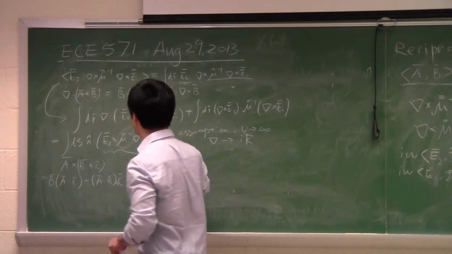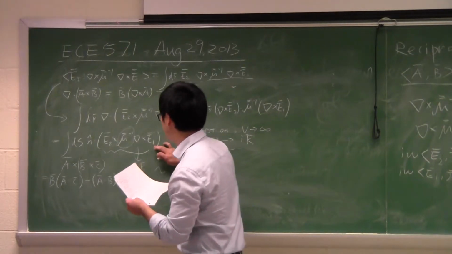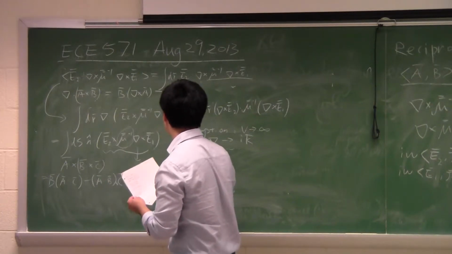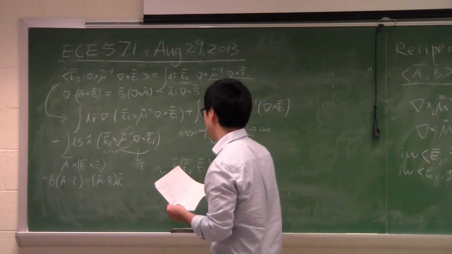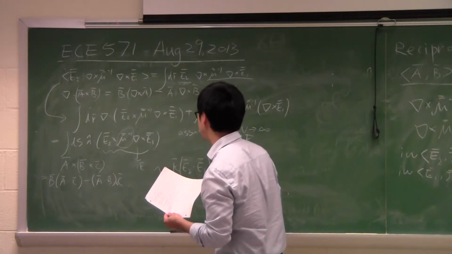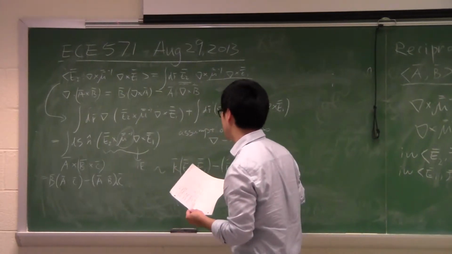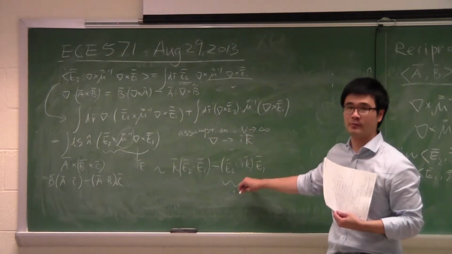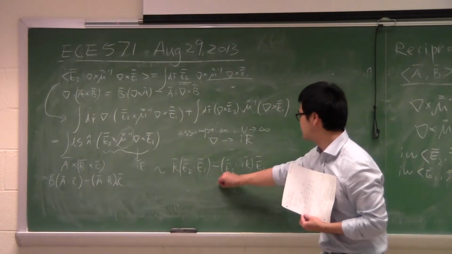So this term will approach A cross B cross C, which becomes K, E2 dot with E1, minus E2 dot with iK E1. And this will go away when it becomes a plane wave, so the wave becomes all transverse. So this will go away.